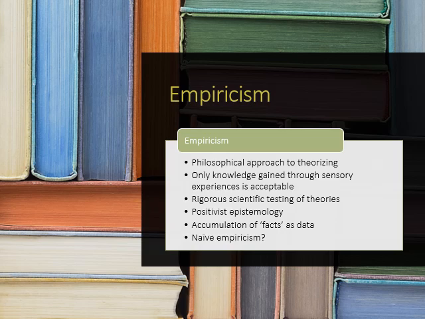So, in conclusion, empiricism is a powerful approach to knowledge, particularly when we're looking at the natural and social sciences. However, it is important to remain aware of its limitations and the potential pitfalls of a strictly empirical approach, such as the risk of naive empiricism.